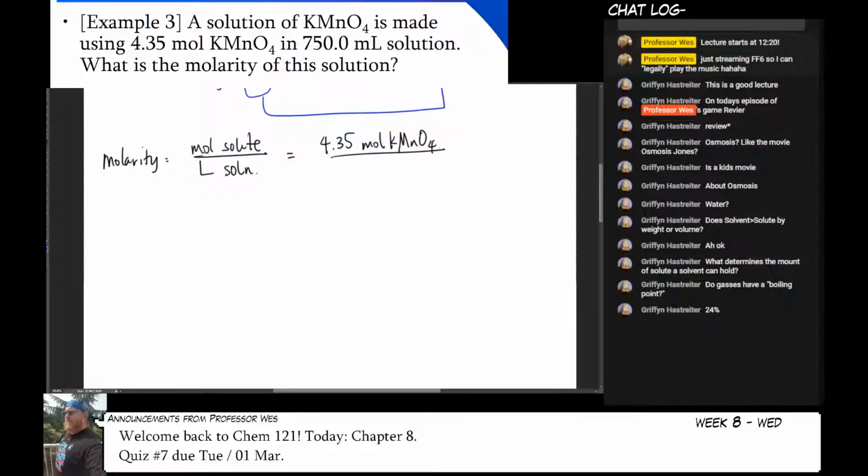Now you'll notice that the volume is not in liters, right? So I need to do that conversion first. And then I can add that up here.